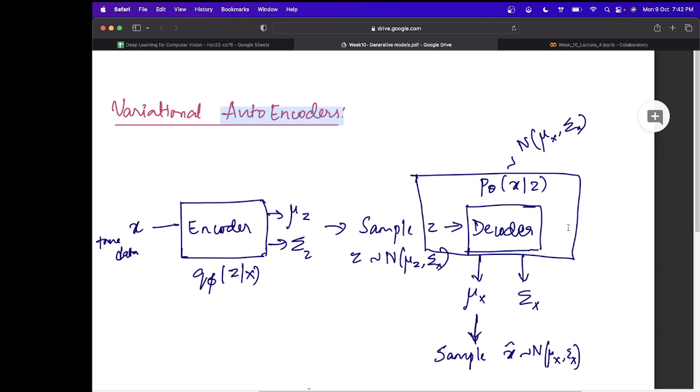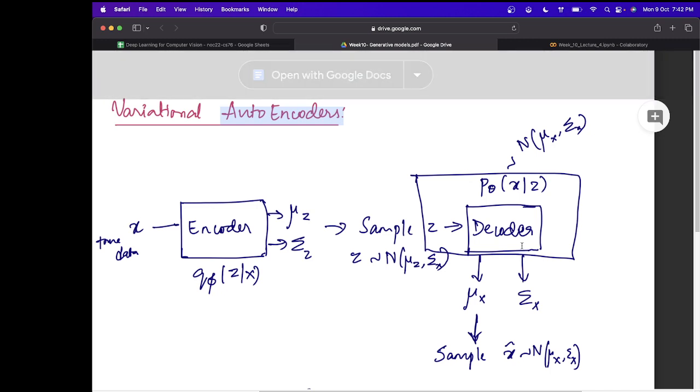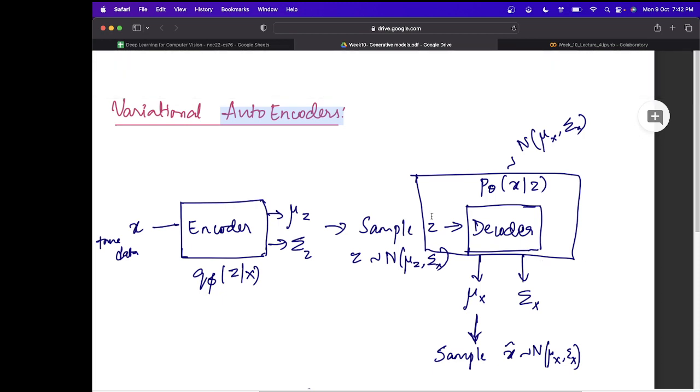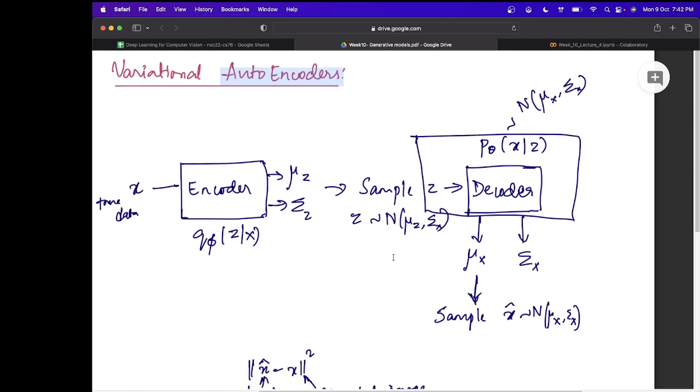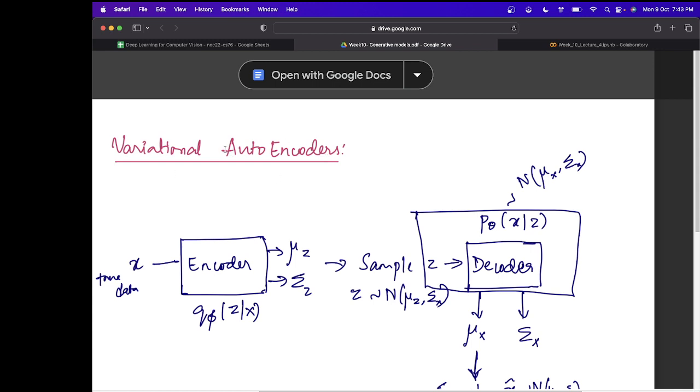To ensure that the true X and the generated X are pretty close to one another, you put an MSE loss between the true X and the generated X so that they are as close as possible. So you are ensuring that Z is a representation of the training data that is able to encode the information in that entire 224 cross 224 cross 3 image. That is what is known as autoencoders.